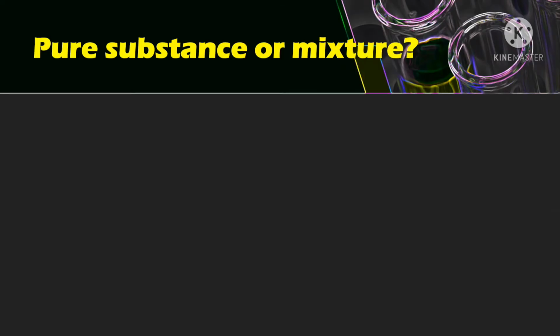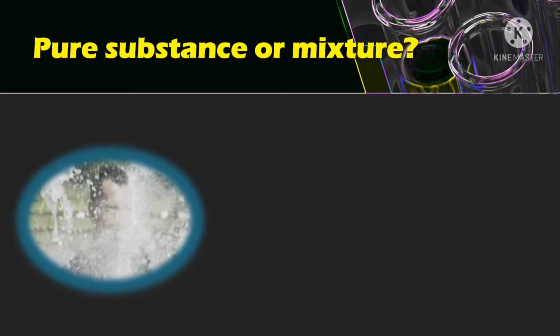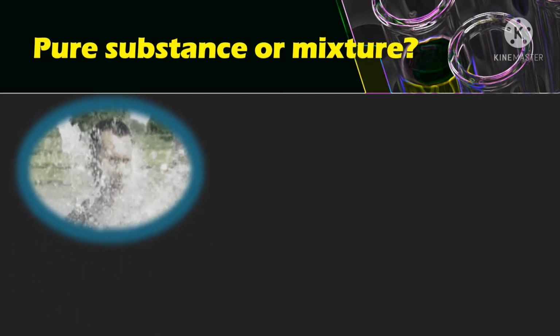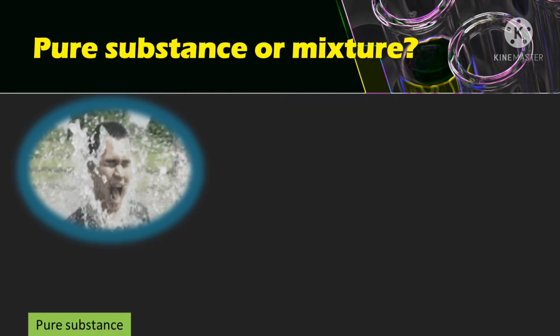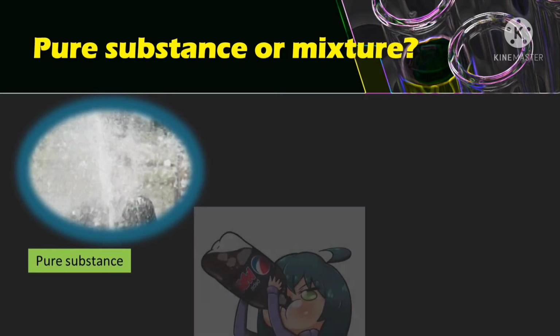Let's go back to the problem. Classify each of the following as pure substance or mixture. Number 1. Water. Water is a compound composed of two atoms of hydrogen and an atom of oxygen. Therefore, it is a pure substance. Number 2. Soft drink.